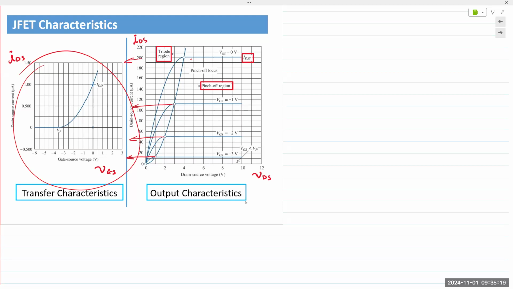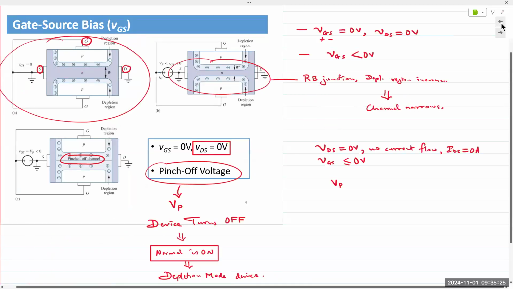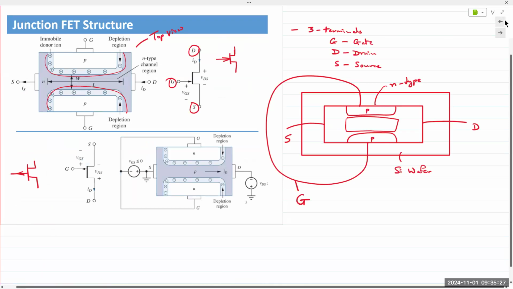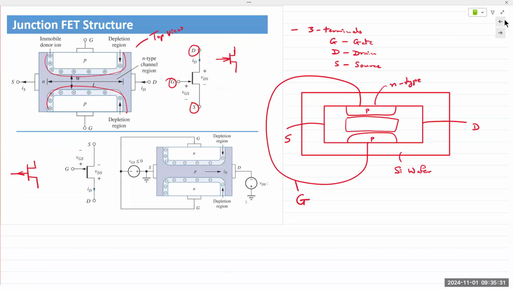Okay, so let's talk about the linearity. Let's go back to the construction of the device. So this is an N-channel JFET because the starting material is N-type. N-type material means a lot of free electrons available.